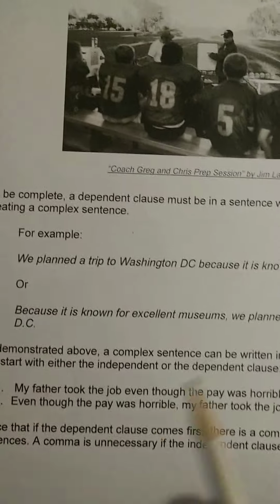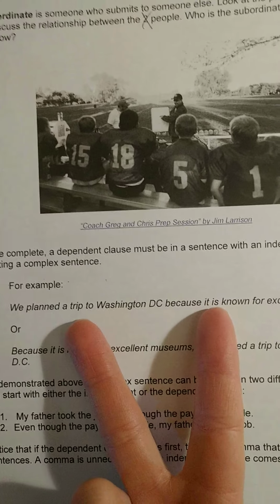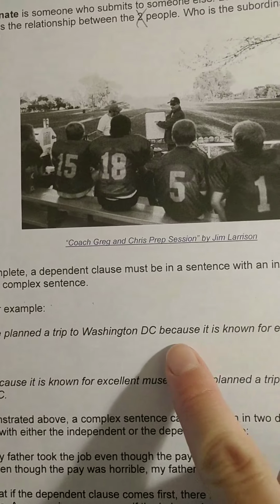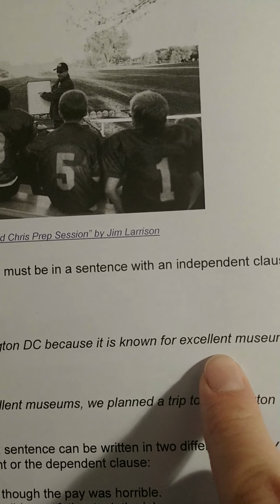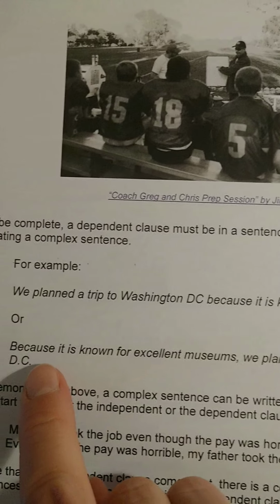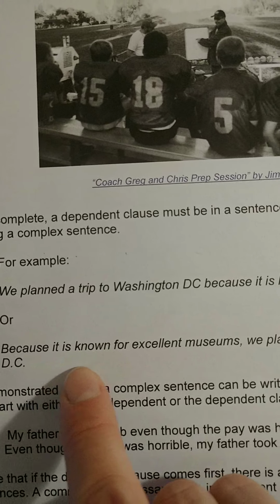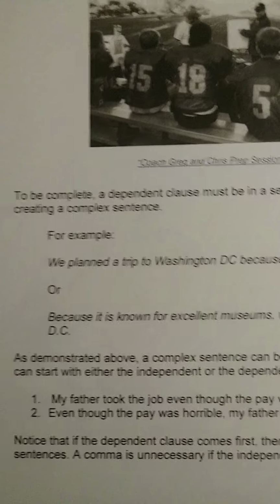We can also switch these two. So this part here, because it is known for excellent museums, which is the dependent, can go first in the sentence. So here's the example. Because it is known for excellent museums, we planned a trip to Washington, D.C. All right.